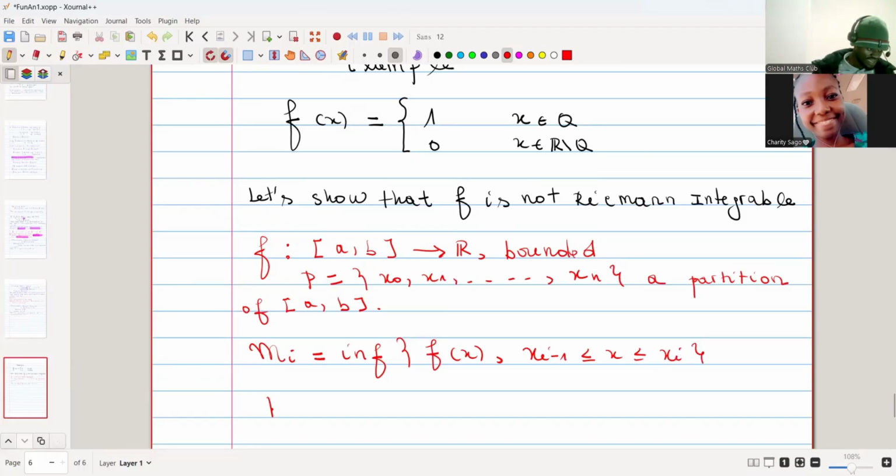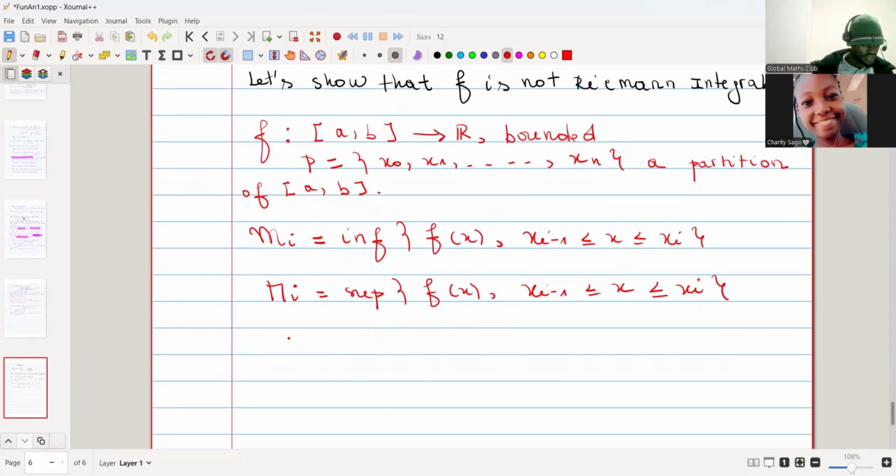I'm going to define capital Mi, which is the supremum of f of x, x between x(i-1) and xi. I'm going also to define the step delta xi, the length of the interval x(i-1), xi.